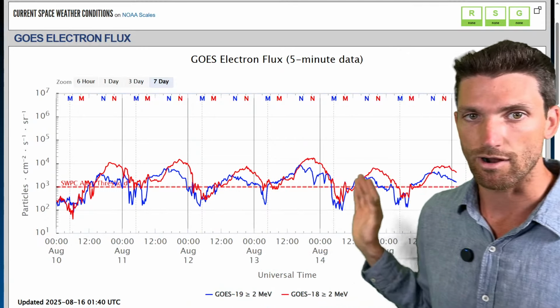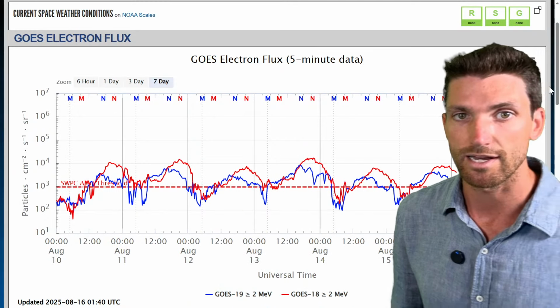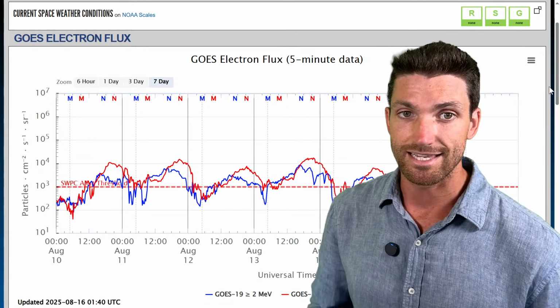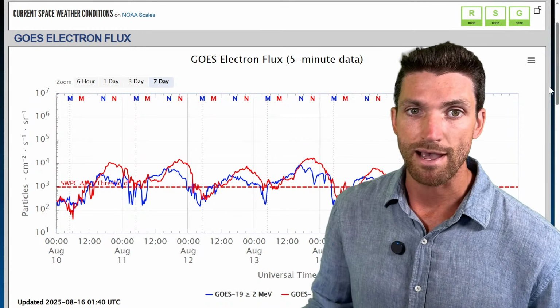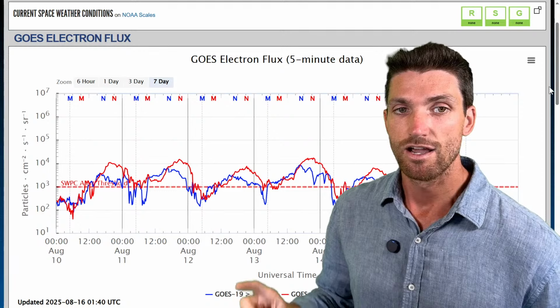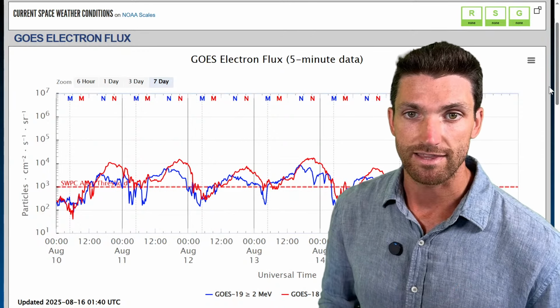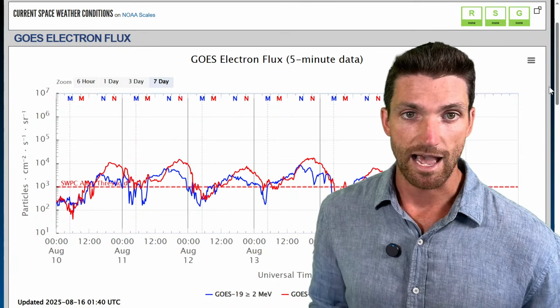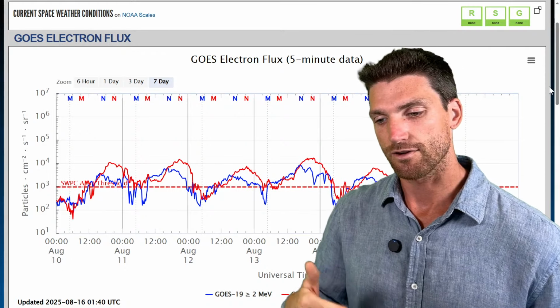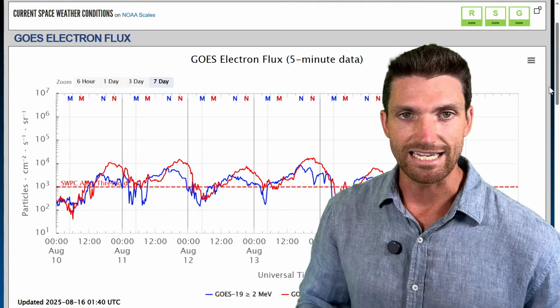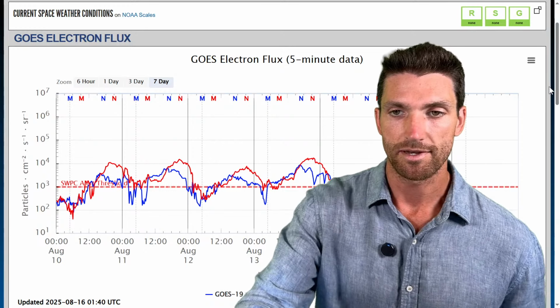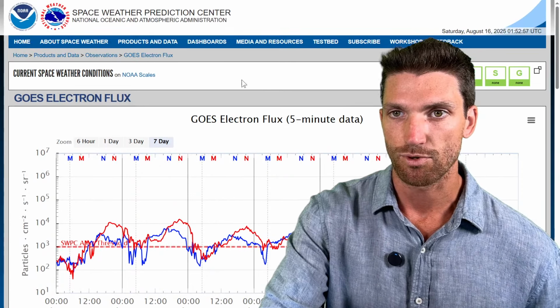And so now we are at basically full charge for the radiation belt. So when we get this coronal hole high-speed stream impact around the 18th of August, we are going to have a precipitation event that occurs. And this is something that happens quite frequently, but it's another factor added into this whole equation, which is why I'm mentioning it, because that is important.